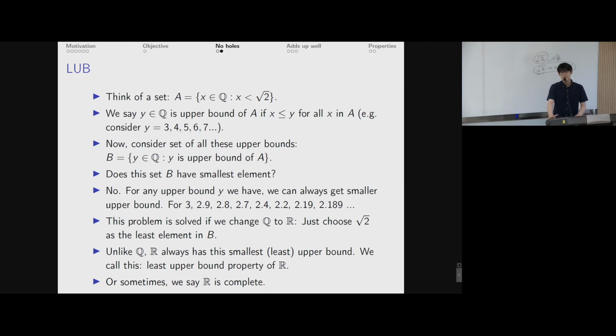You can kind of think of complete as having no holes. So basically, because there's always a smallest element of upper bounds, the real number system does not have a hole. It's all complete. So in a sense, we also call this least upper bound property of R the completeness property of R.